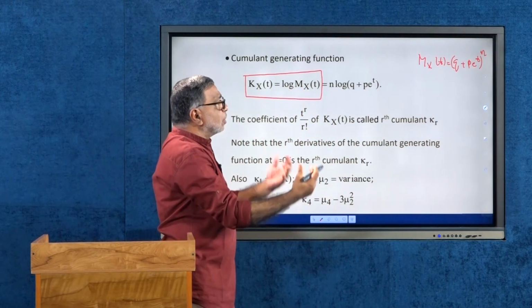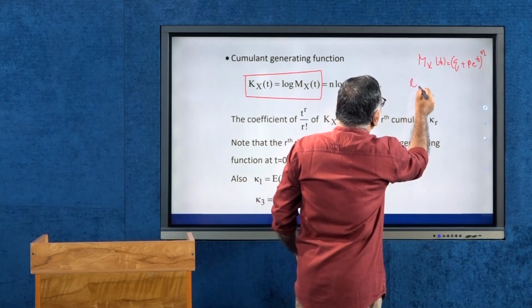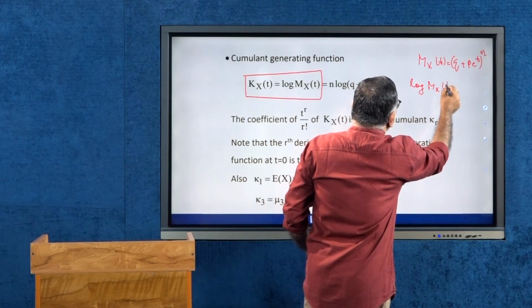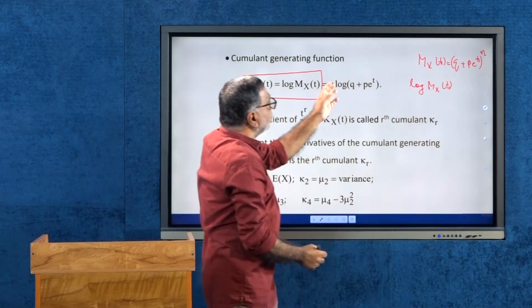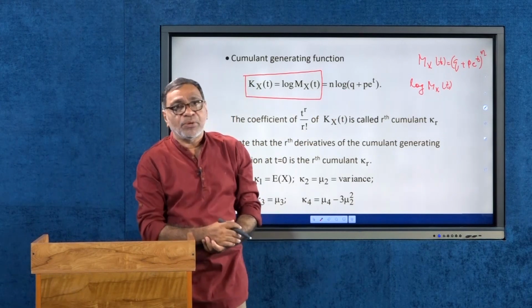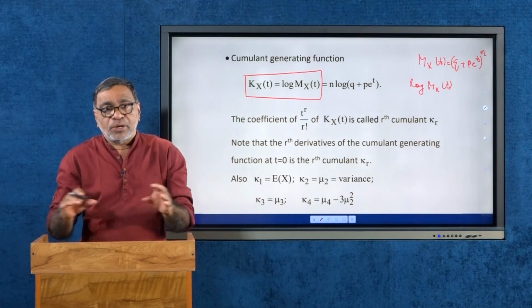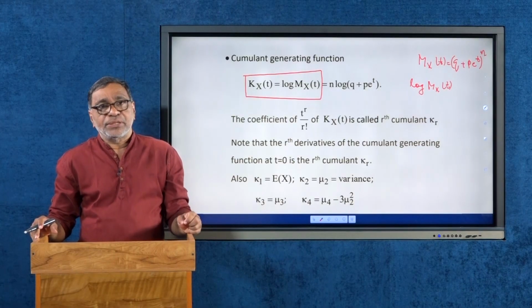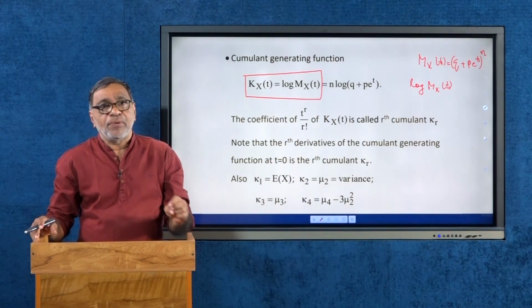So, take the logarithm of that function. We have log M_X(t) that you are calculating, when you find the logarithm of the moment generative function, this reduces to n log (q plus p e power t). So, for a binomial random variable, or for a binomial distribution with the parameters n and p, the cumulant generative function is n logarithm of (q plus p e power t).